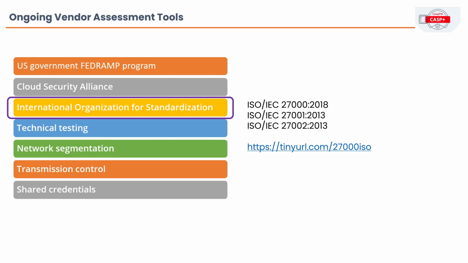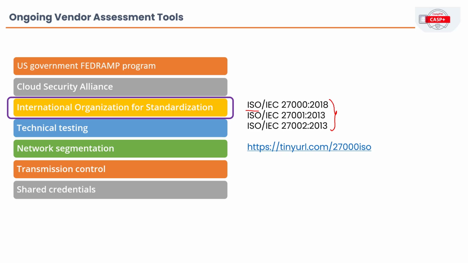Next is the International Organization for Standardization, or what we call ISO. The ISO has defined a number of security standards. The following standards would be of particular interest to vendors seeking to reassure clients of their adherence to security. This standard covers every important control that needs to be used when hosting information systems to guarantee secure operations.